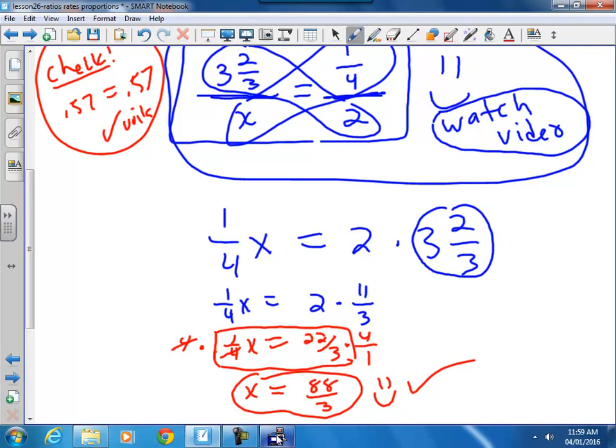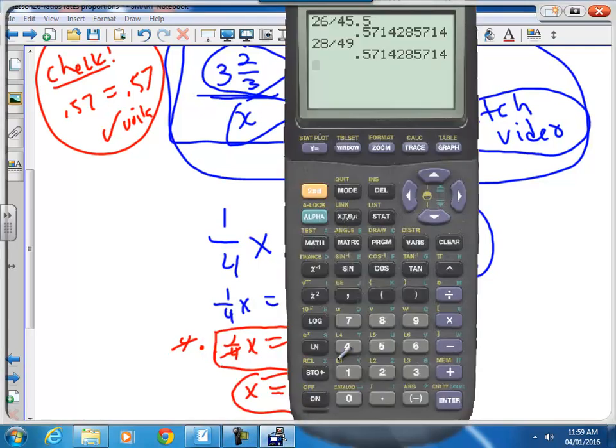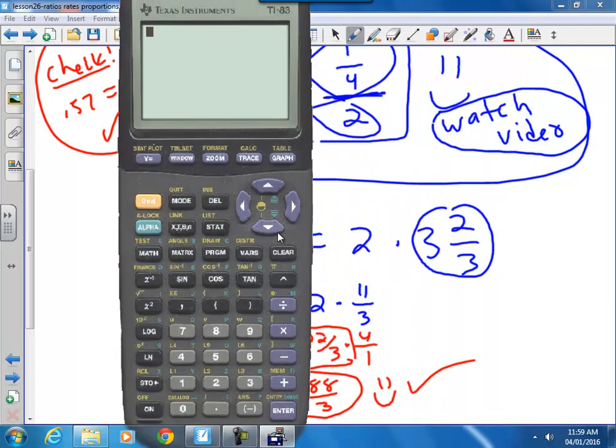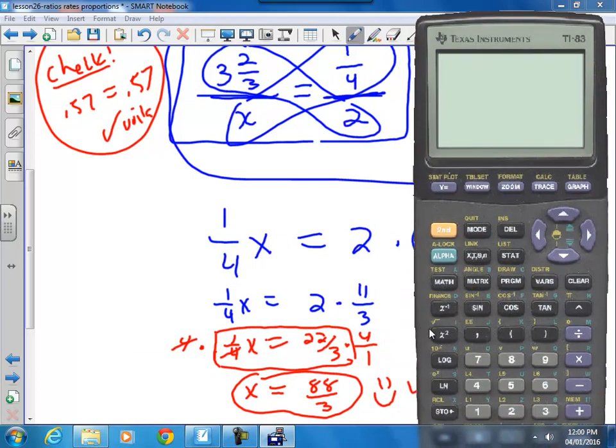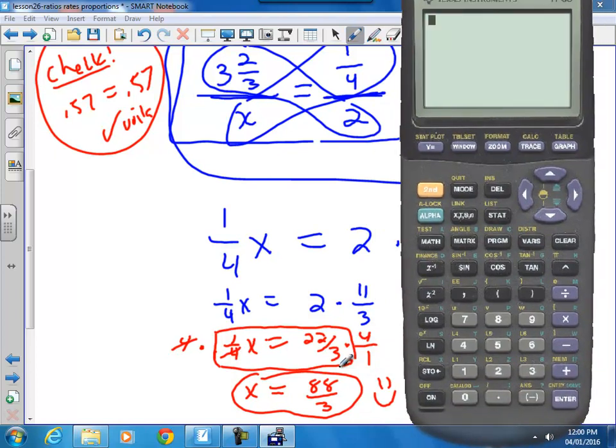I will say, a lot of people, even though it's not a calculator course, ask me, can I just practice doing some of these fractions on my calculator? Yes, I would say after you convince yourself you can do it by hand. When I see 3 2/3, I know that means 11/3.